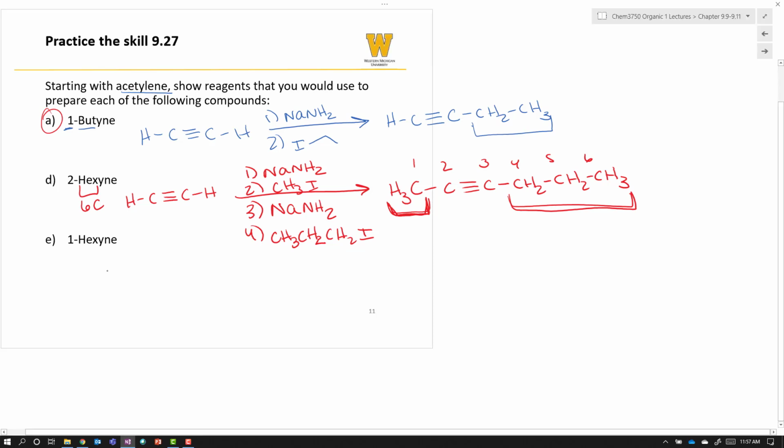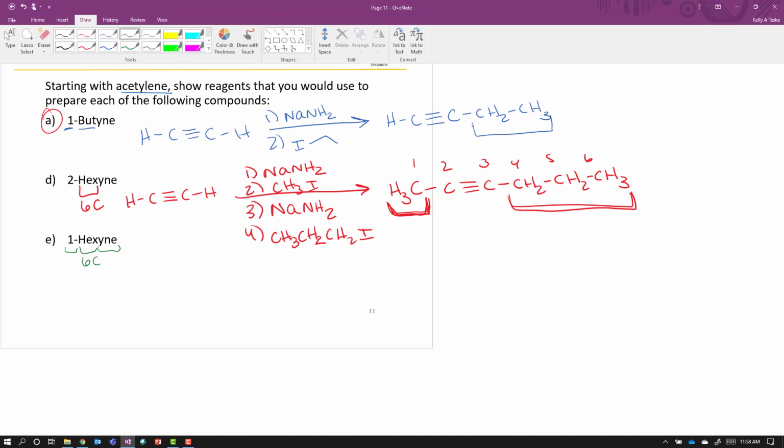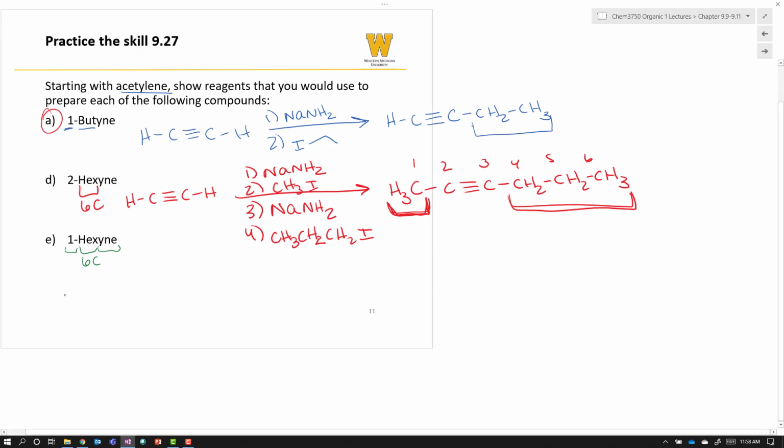1-hexyne. So again, your alkyne is going to be in the 1 position, so it's going to be a terminal alkyne, and then you have hex, so that means it's going to have 6 carbons. To draw that, I'll draw my hydrogen here. So that's carbon 1, carbon 2.